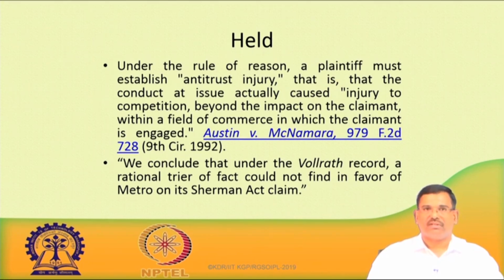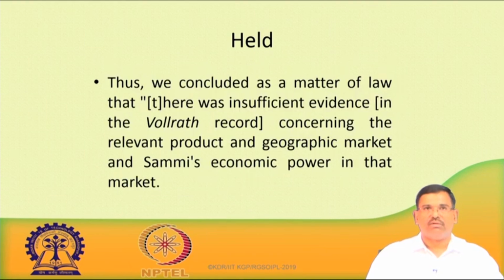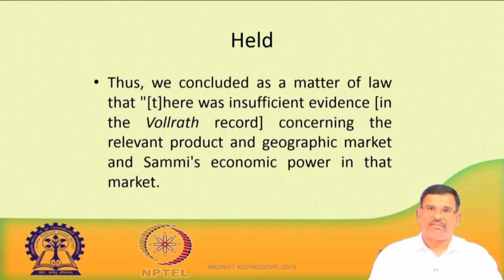So, in this particular case it is in favor of Metro. That means, if a particular rule outside the premises is affecting your market, you can always look into it, but which rule will be applicable, the per se rule or the rule of reason, you have to look into the type of transactions.